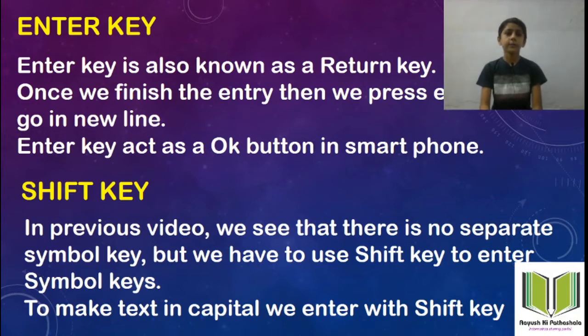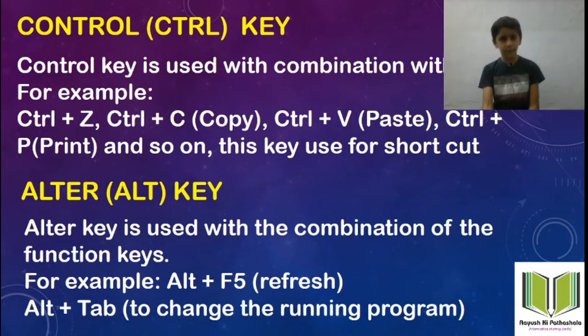Shift key. In the previous video, we saw that there is no separate symbol key, but we have to use Shift key to enter symbol keys. To make text in capital, we enter with Shift key. Control key. Control key is used in combination with other keys.